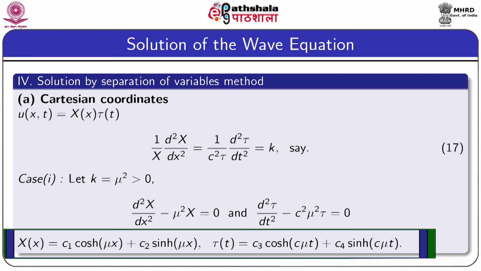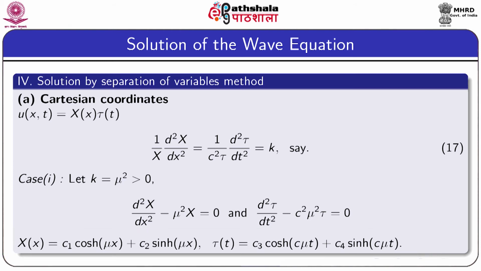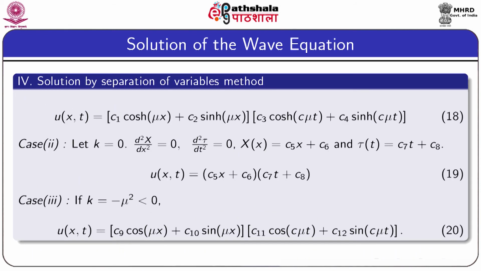Capital X is C1 cosh mu x plus C2 sinh mu x, and tau is also a linear combination of cos and sin functions. Thus, the solution u can be written as the product of capital X and tau.